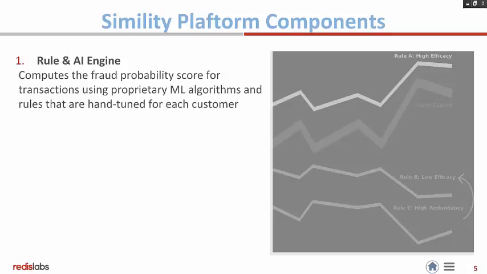Behind the scenes, a bunch of machine learning algorithms that we've built from scratch, along with a bunch of proprietary rules that our analyst team figured out through the 2 years that we have been functional, and have handwritten these rules specific to each vertical and each geography. So all of these run on every transaction that we receive, and we respond back with a fraud probability score.